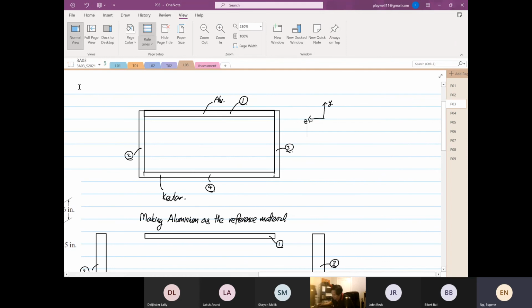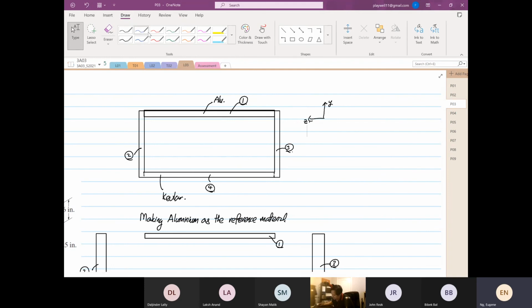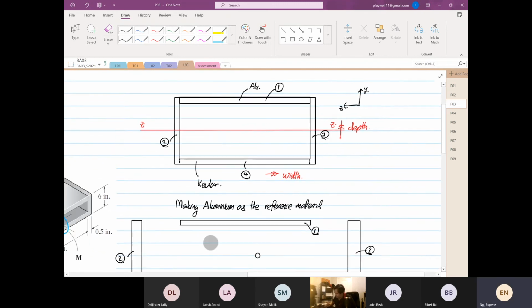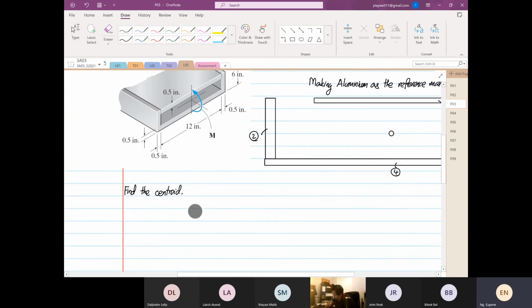We're going to find zz. So this is our zz axis. Parallel to the zz axis is our width. Perpendicular to our zz axis, this is our depth.